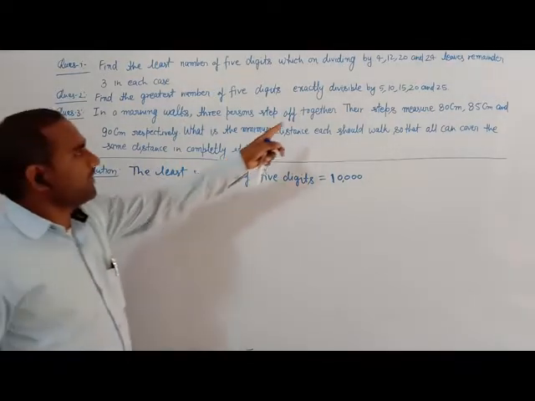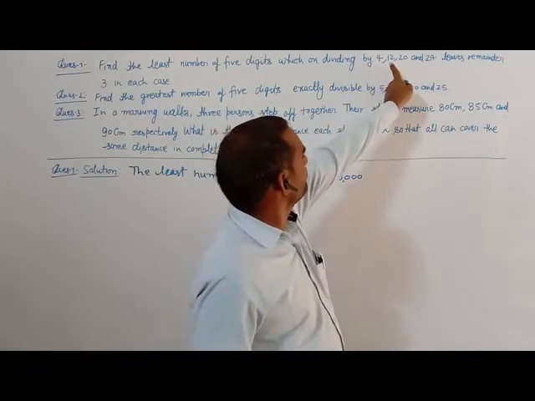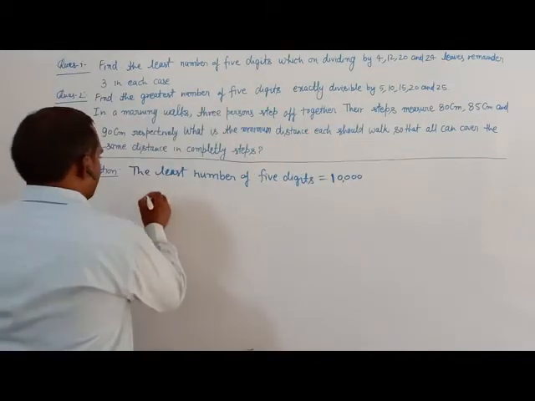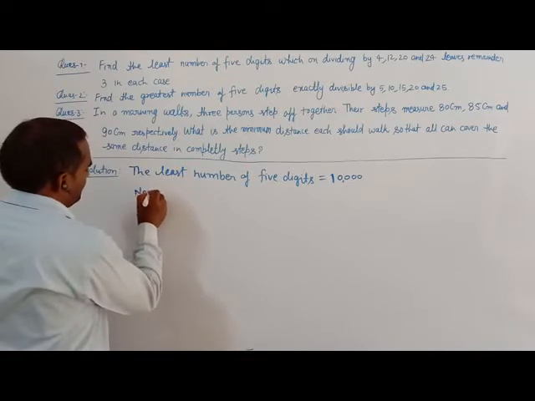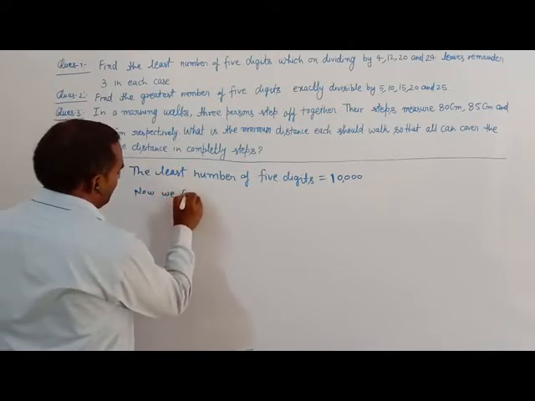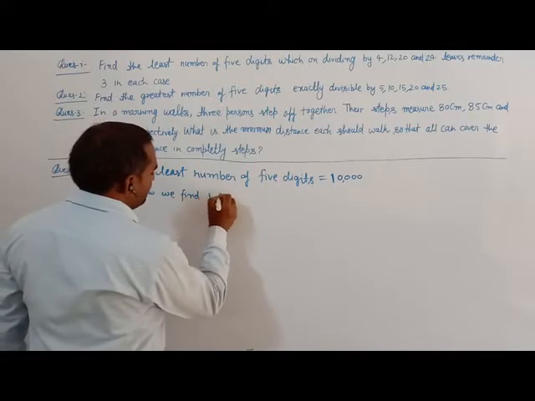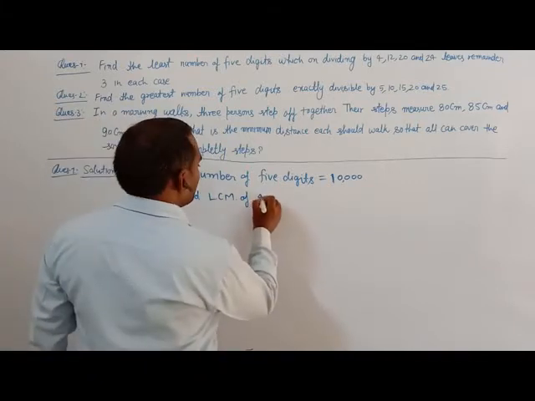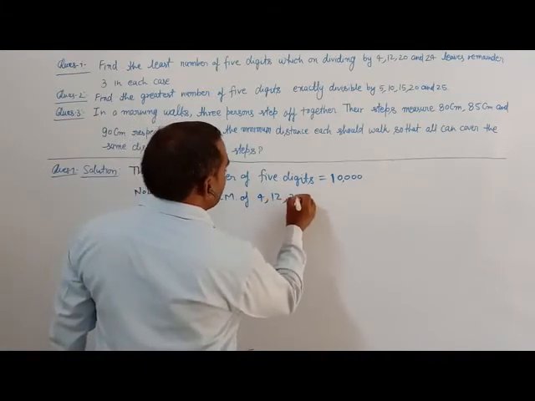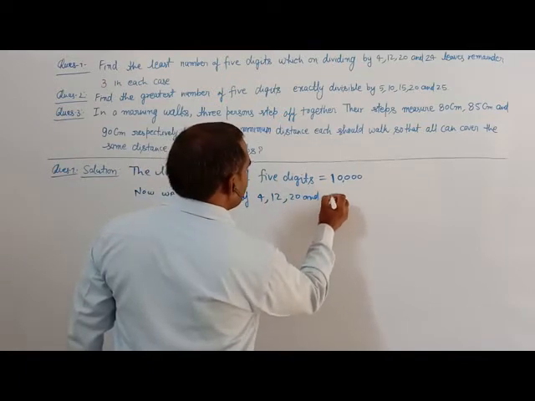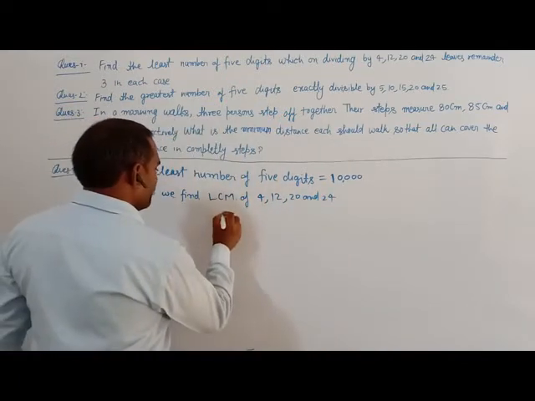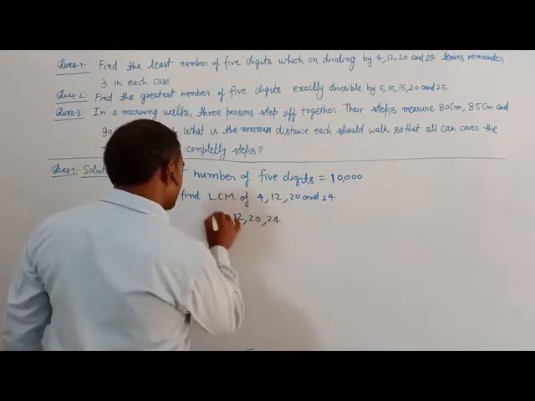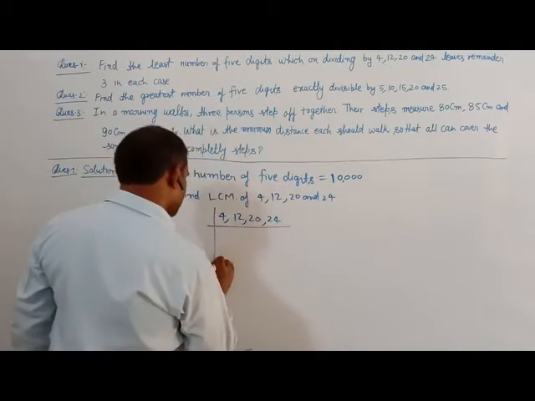So first of all we have to find the LCM of 4, 12, 20 and 24. We find the LCM by continuous division.